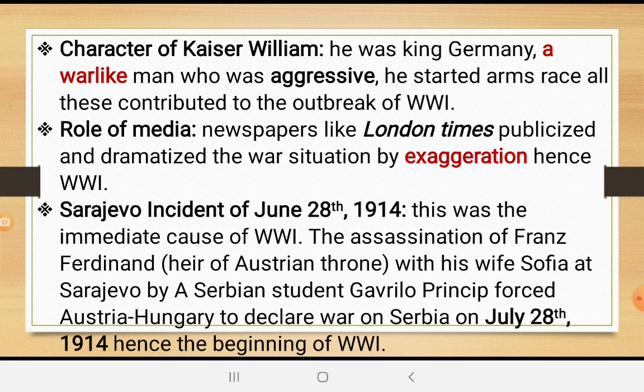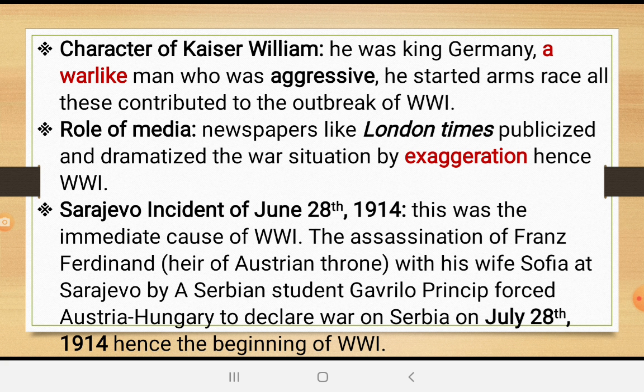Role of media. Media is like press. This media during this war, it dramatized the situation. It exaggerated the situation. For instance, we can take this example of a newspaper like the London Times.